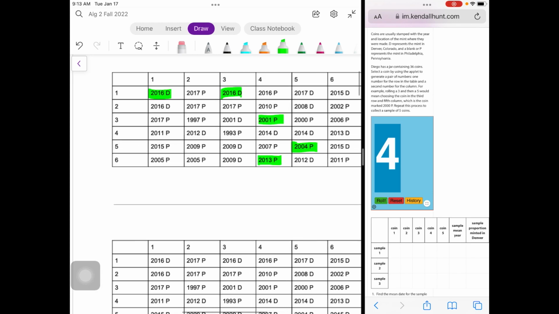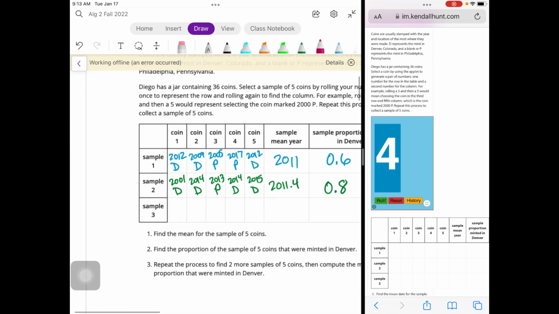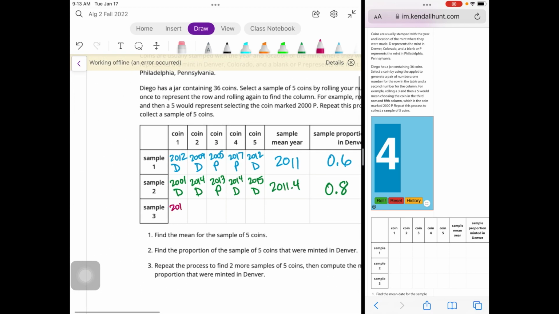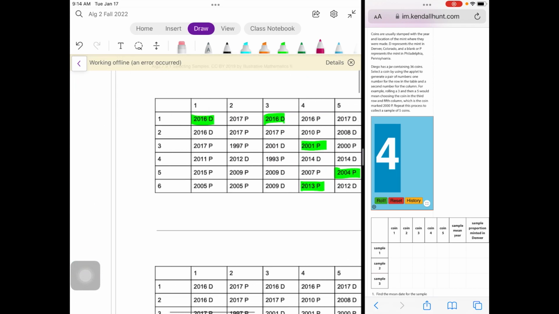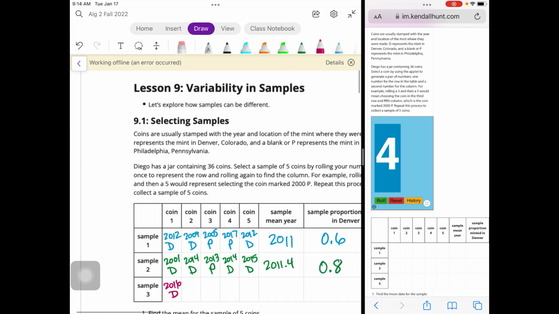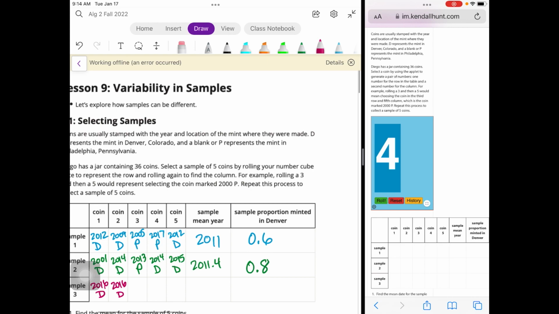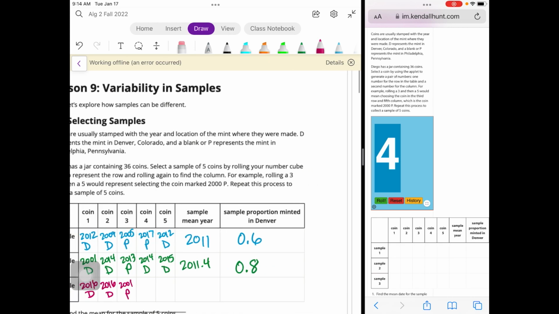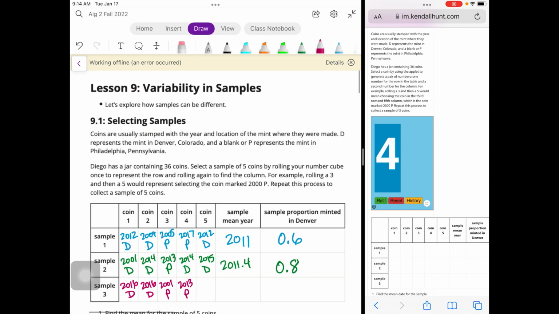All right, so now we have all of the ones that we need. So we'll do 2016D, and then we had another 2016D. Then we had 2001P, then 2013P, and then 2004P.